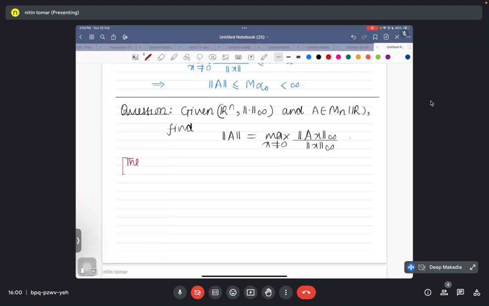So what is this? This is the matrix norm of A subordinated to which norm? Yes, subordinated to the infinity norm. Yes, please find it.